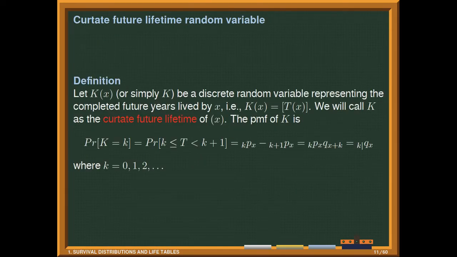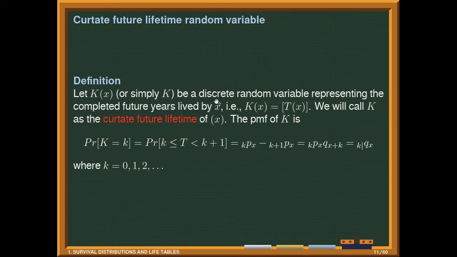Now, let's introduce another random variable, capital K, or K of x. This is a discrete random variable representing the complete future years lived by a person aged x.